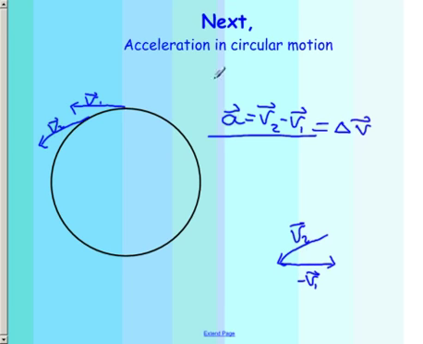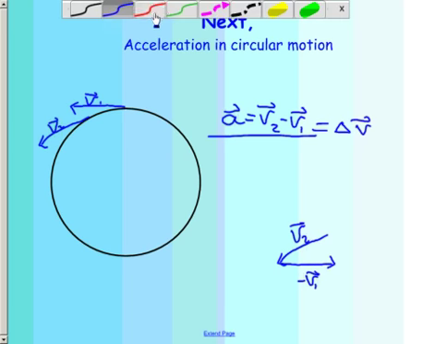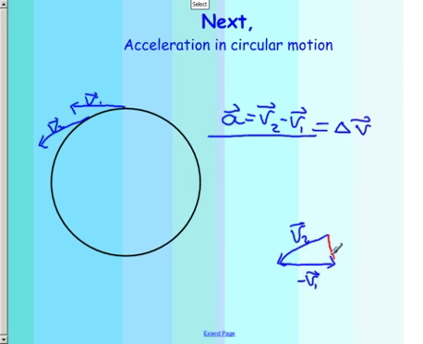Okay, so I think I'll do my acceleration vector in red. The acceleration starts where I started and goes to the end. So there is v2 minus v1. So notice it goes mostly down but a little bit to the right. So the acceleration between these two goes mostly down and a little bit to the right.